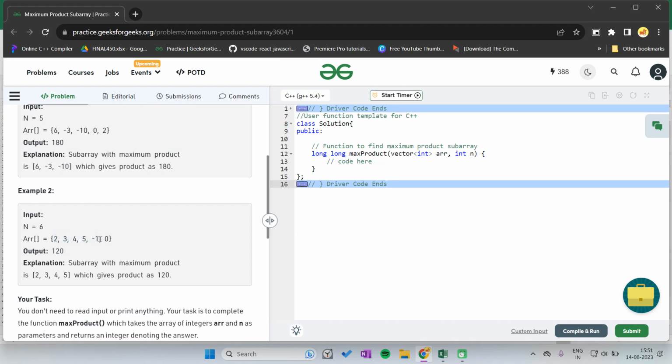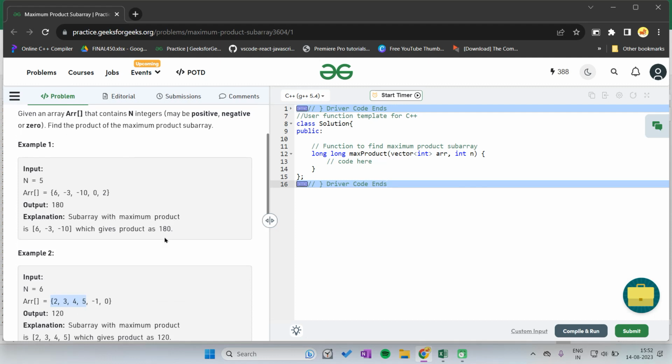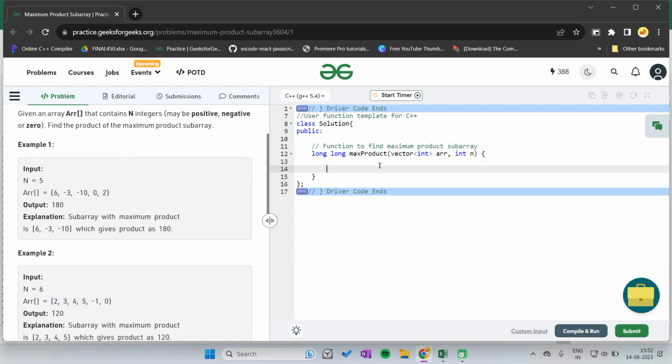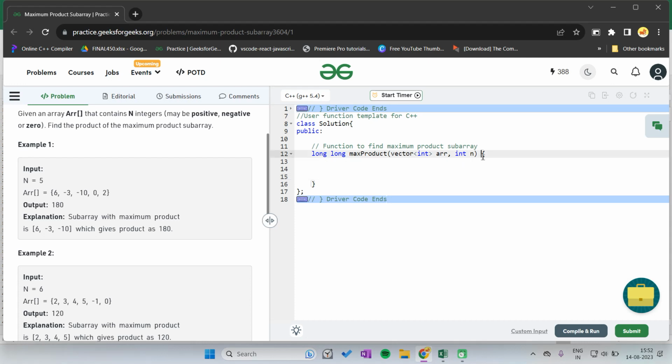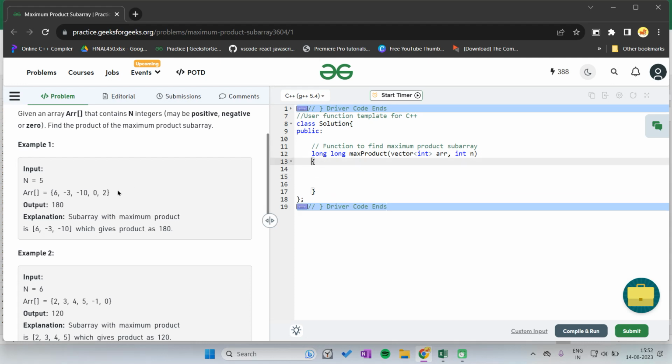In this question, these values are making the max. To solve it, we can make an observation: if all the values are positive, then the multiplication of all the values is the answer.